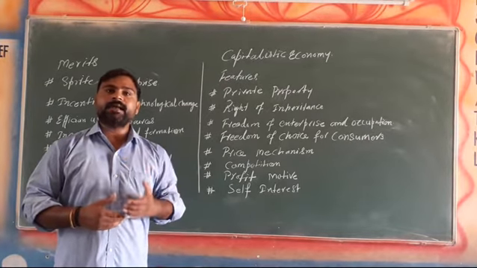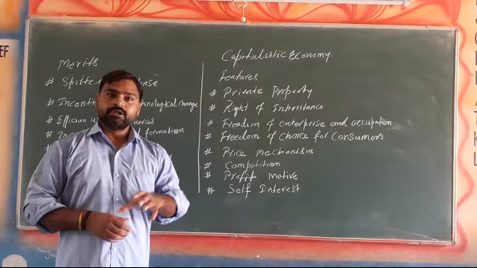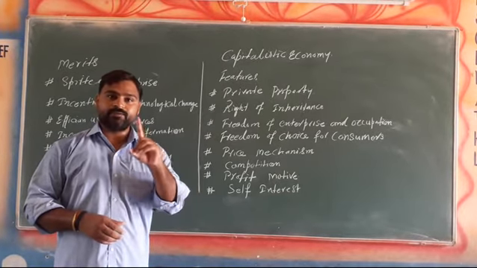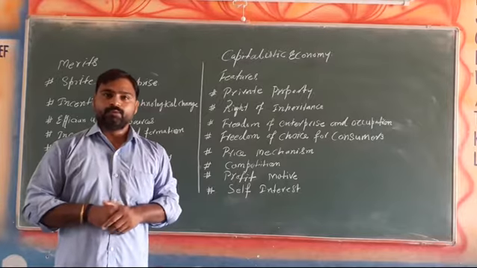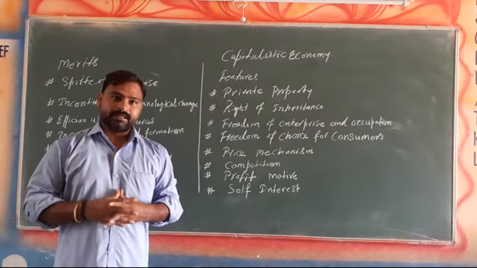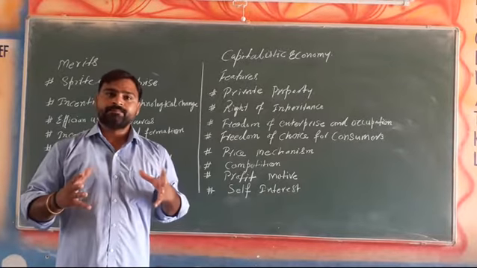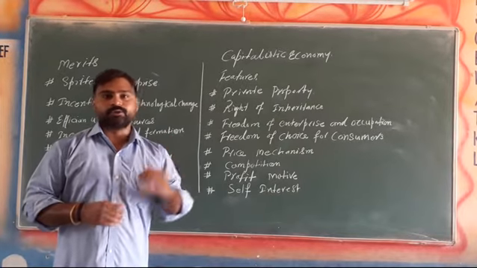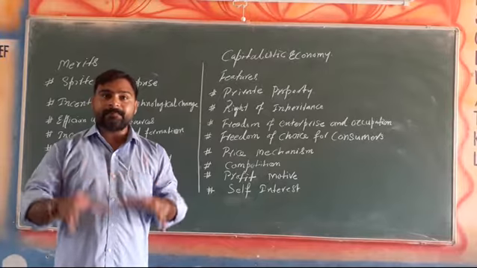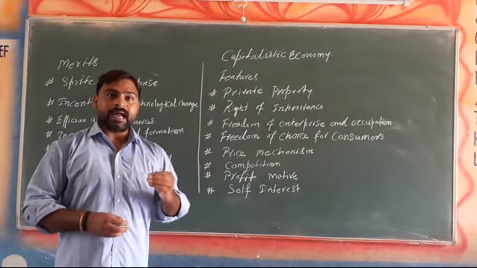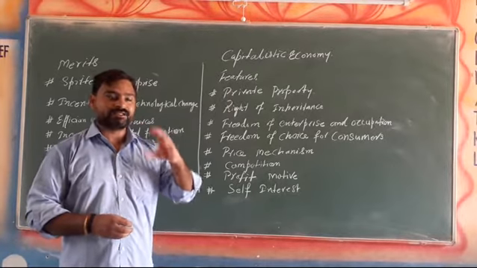Now here the consumer has a choice to choose the beauty soap of one company. If there were only one company, we would not have the choice. But here there are so many producers which are producing different types of goods. So in a capitalist economy, consumers get the right of making their choice.